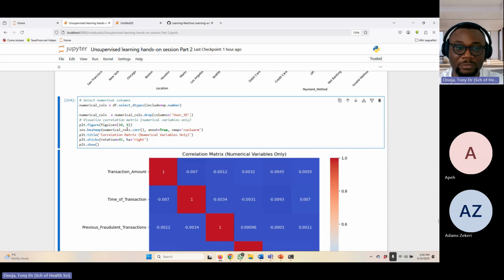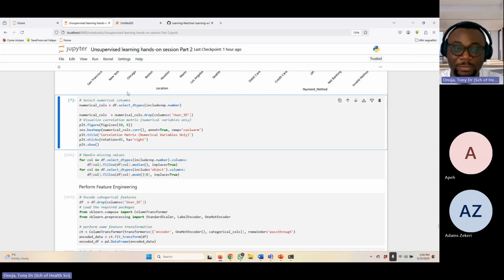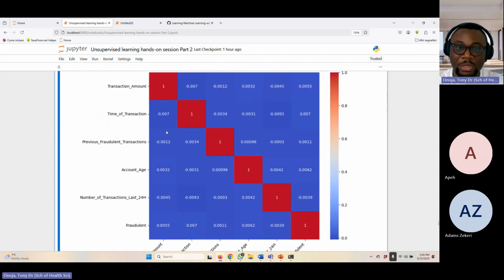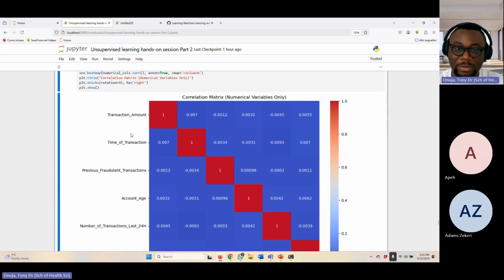Then the next thing we need to do is to see if we are going to find some potential correlation, which is very important. And remember, the correlation can only be done on the numeric variables. So we are interested in looking at the amounts and also the time of transaction. Like I always say, these are rare occurrences, so there is a high chance you will not really see any form of strong correlations happening.